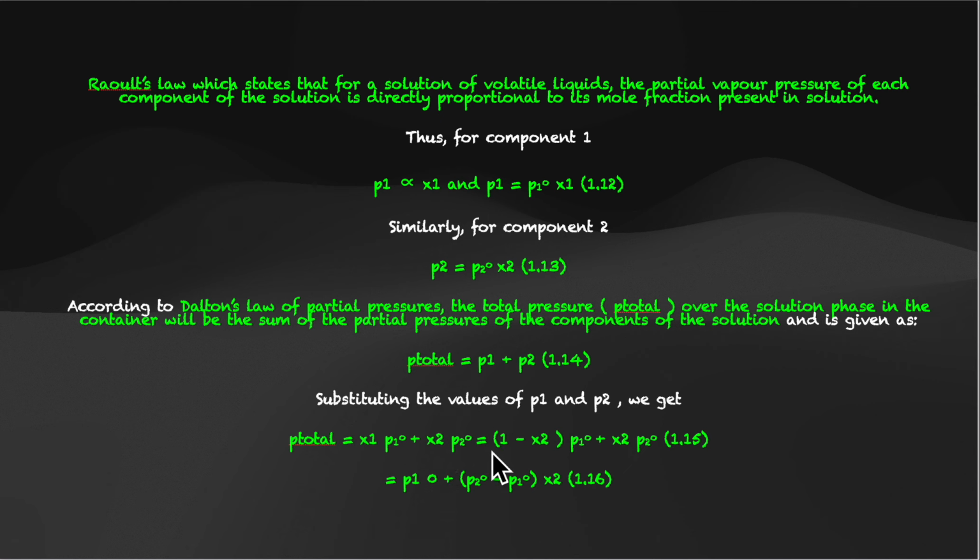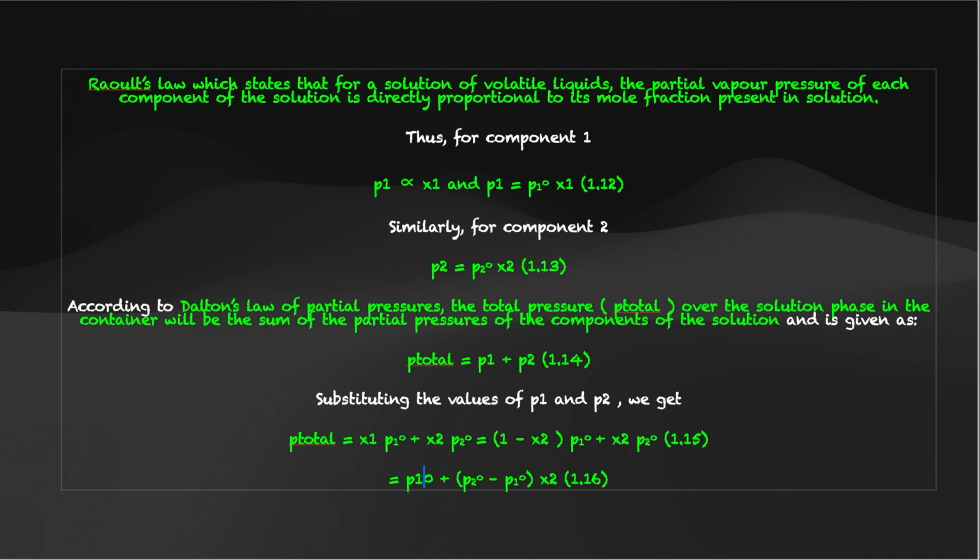They are taking chi1 to be 1 minus chi2, because we know that the mole fractions of the components add up to 1. So chi1 will be equal to 1 minus chi2. So instead of chi1 we are substituting 1 minus chi2 into P1 naught plus chi2 into P2 naught. Solving this, we would be getting, this is actually P1 naught here.